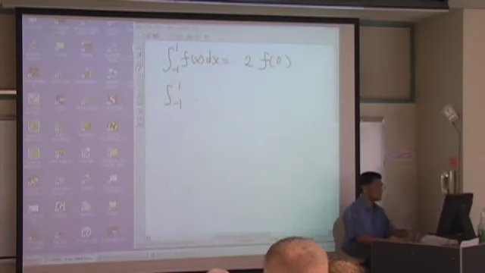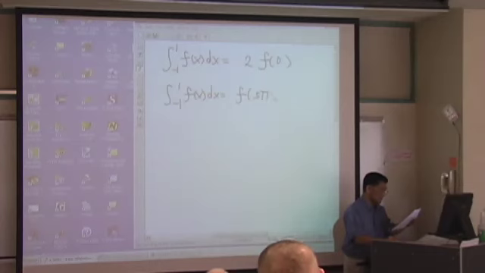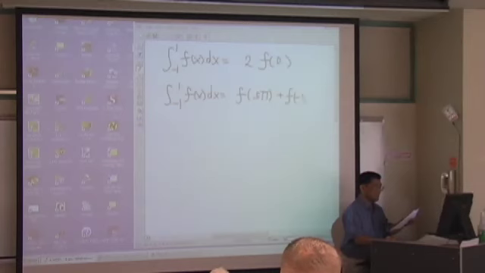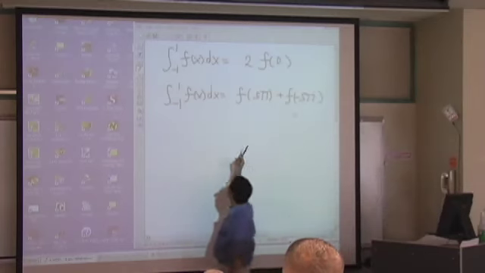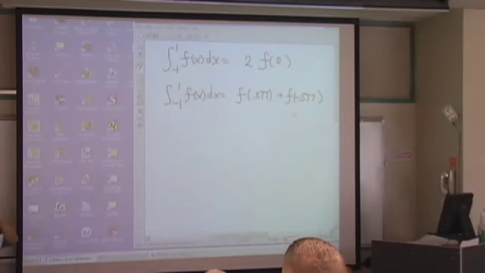If I use two numbers, then strategically I can use these: 1 over square root of 3, truncated. So strategically I chose these two numbers to represent the integral.